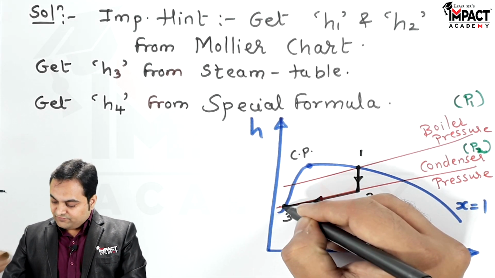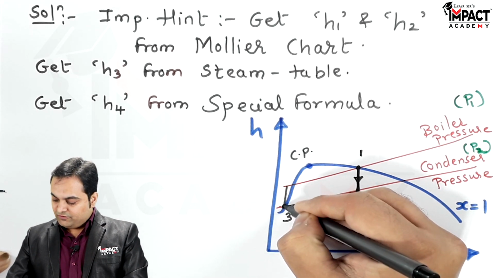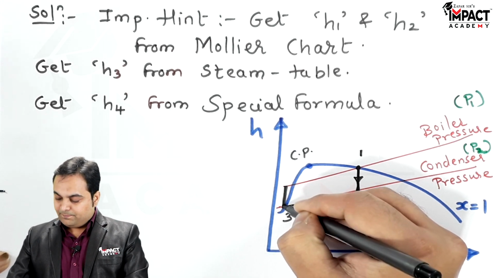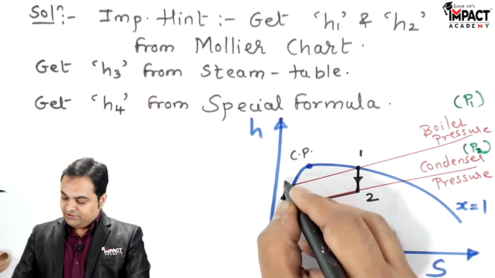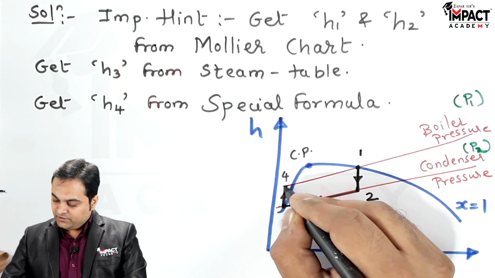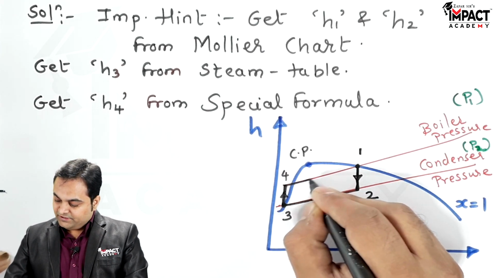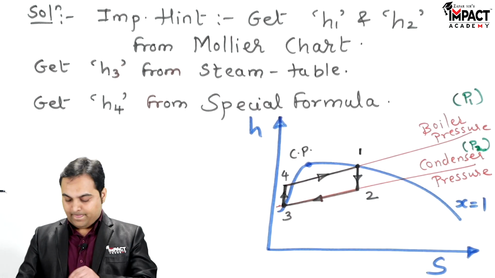Then after that at 3 it is entering the feed pump, and in the pump we are assuming that it is isentropic pumping or isentropic compression from condenser pressure at point 3 to boiler pressure at point 4 because P1 and P4 are same. Then from 4 to 1 is the heat supplied in the boiler. So this is the complete cycle.